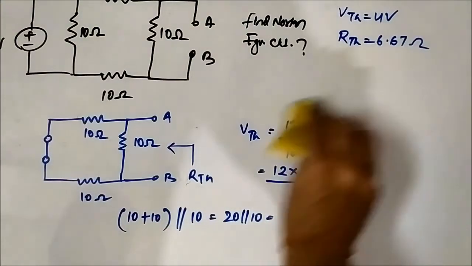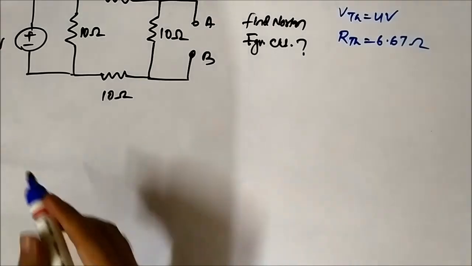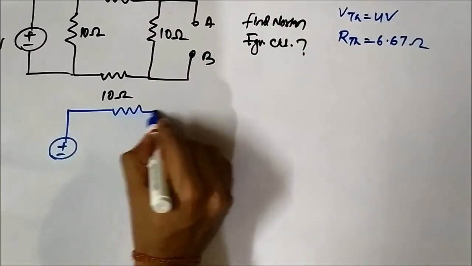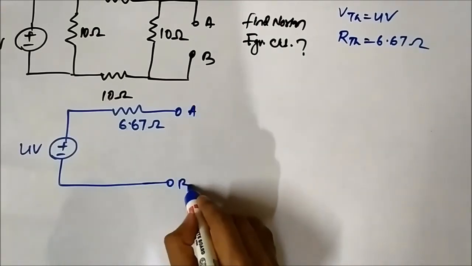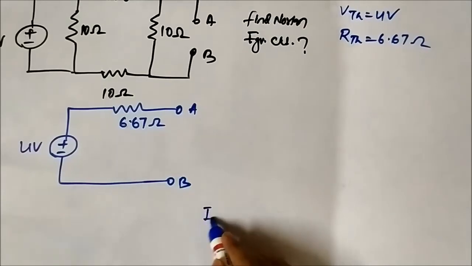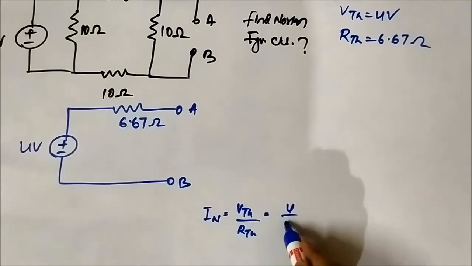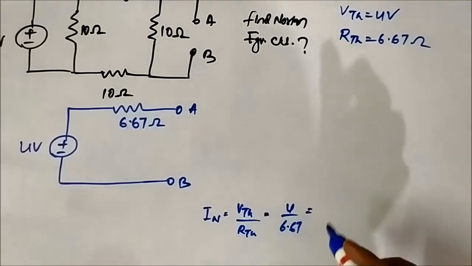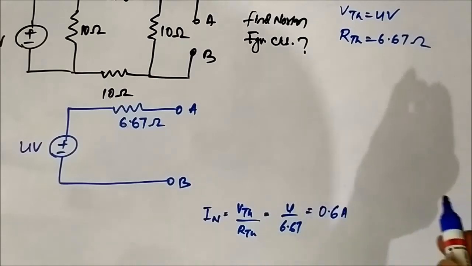So we have got VTH and RTH. Now we'll draw the Thevenin circuit, and from that we'll get the Norton circuit. So we have the Thevenin circuit, 6.67 ohm, this is 4 volt, terminals A and B. Now for the Norton circuit, the Norton current will be VTH by RTH, which is equal to 4 by 6.67, which is around 0.6 ampere approximately.